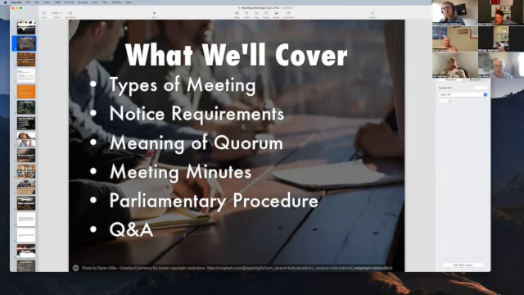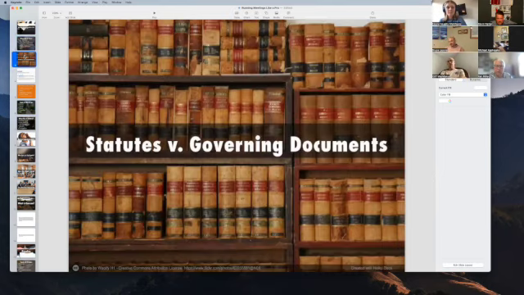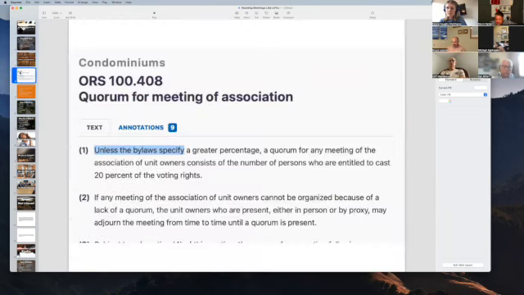Now, I've been giving this caveat, which is your governing documents may say very different things than some of the things I say tonight. I'll give you an example. Some of you are in Washington, some of you are in Oregon. Often the statute that governs you has a lot of what I call default provisions.